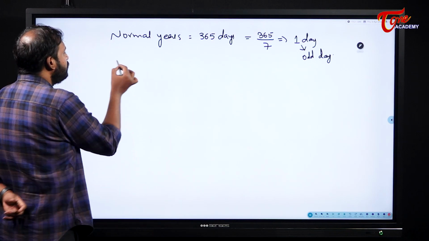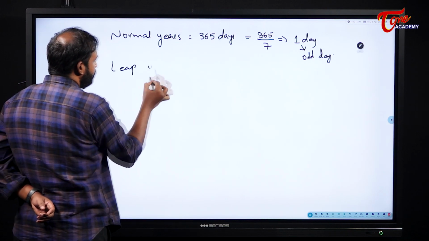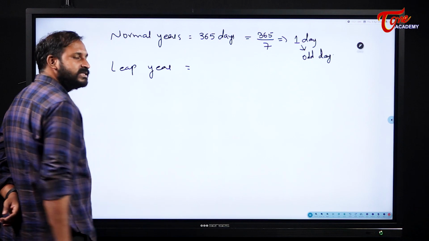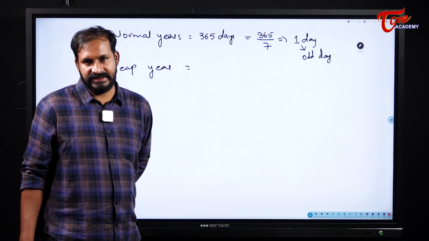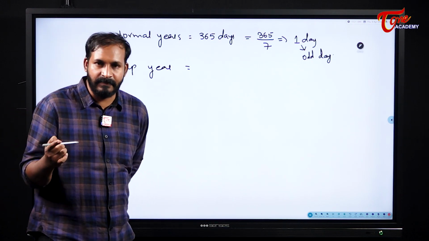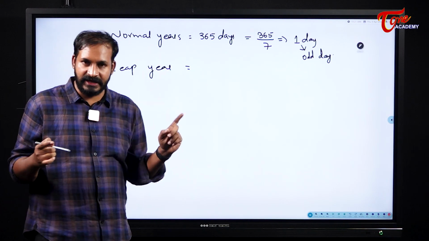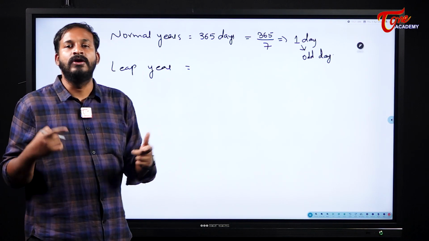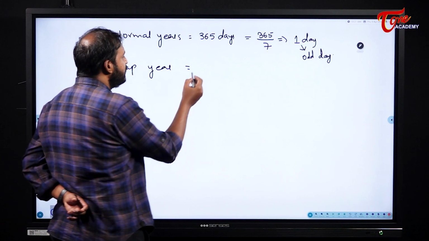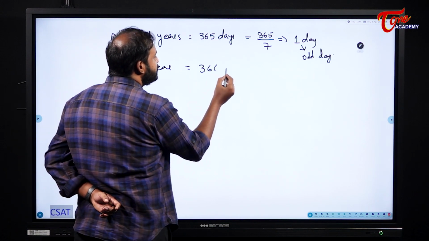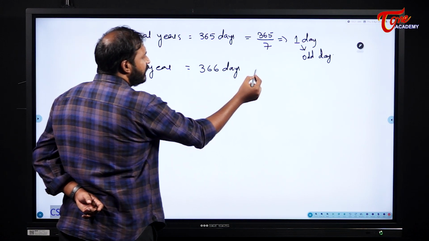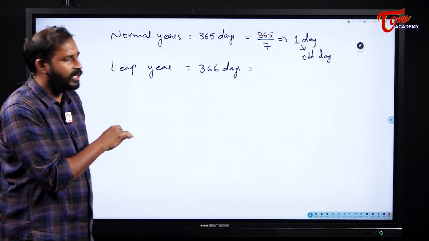Now, when it comes to a leap year, a leap year consists of how many days? 366 days. What is the reason? In the month of February, in a normal year, we have 28 days. For a leap year, we have 29 days. Because of that, a leap year contains 366 days. We don't require all that story.